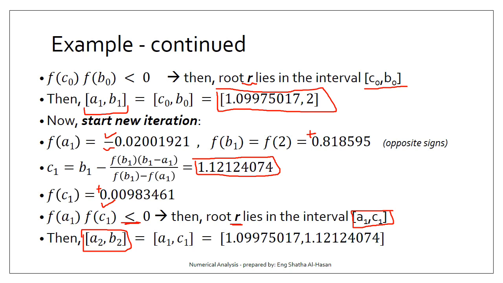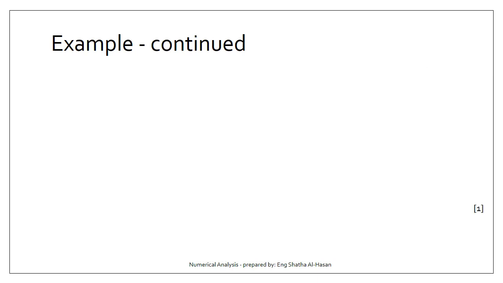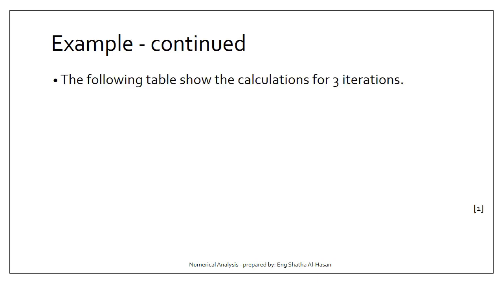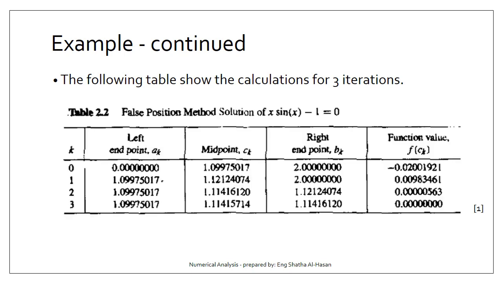This is our new interval. The following table shows the calculations for 3 iterations. As we can see from the table, at iteration number 3 we have f of c equals 0, which means that c on this iteration is the root of the function.